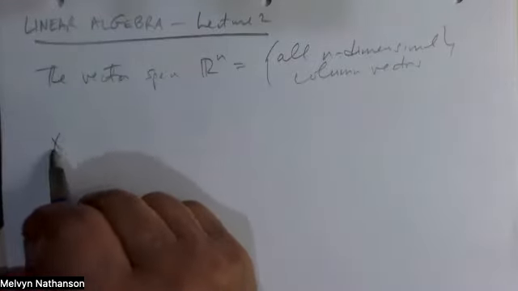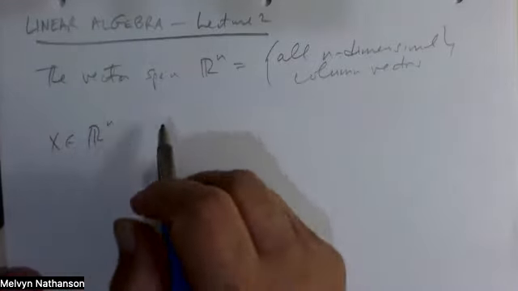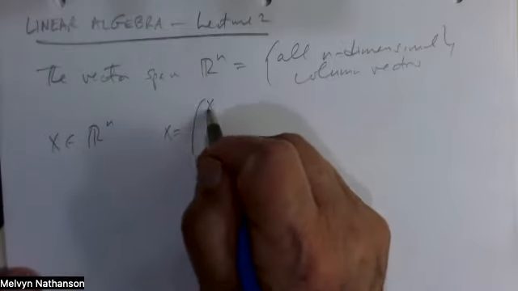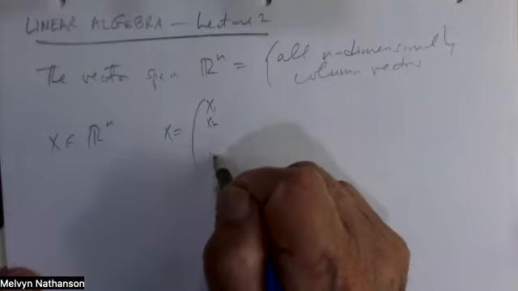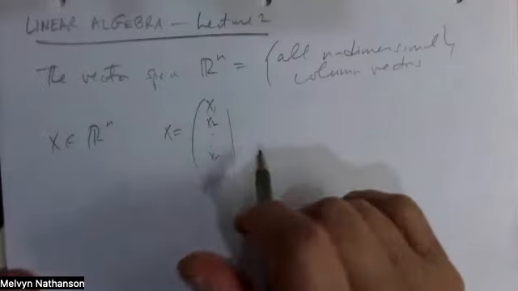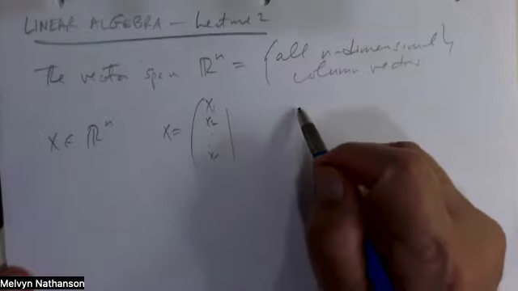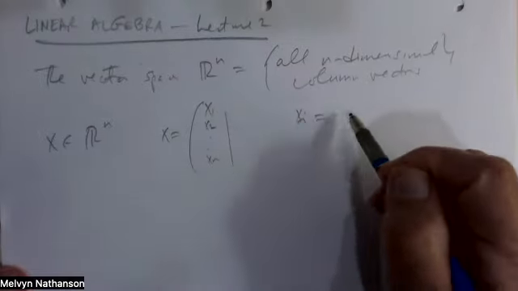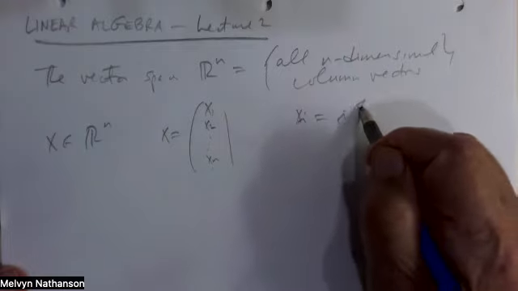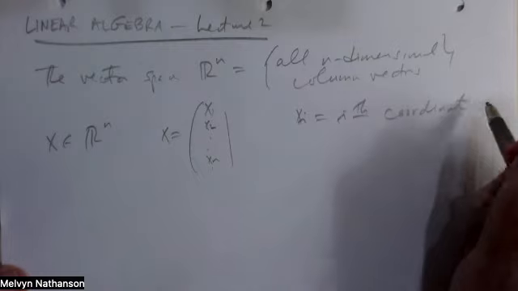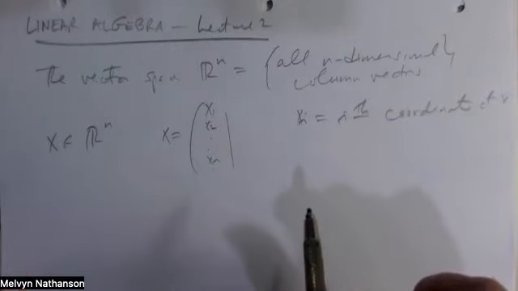So an element x in Rn is this column of real numbers, x1, x2, down to xn. That's a column vector. There are n coordinates. So xi is the ith coordinate of x.